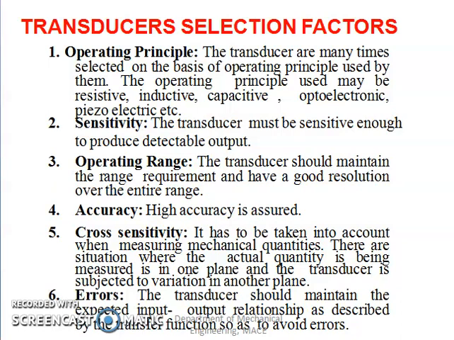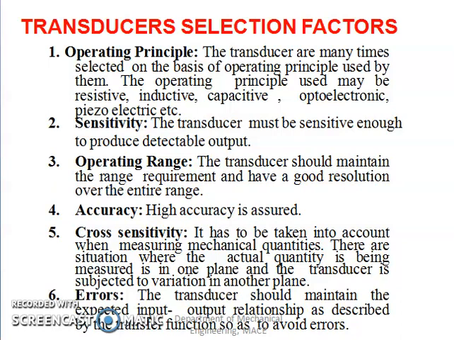There are different types of transducers based on operating principle like resistive, inductive, capacitive, optoelectronic, piezoelectric and different other types of transducers. So we will select the transducer according to the application based on the operating principle.